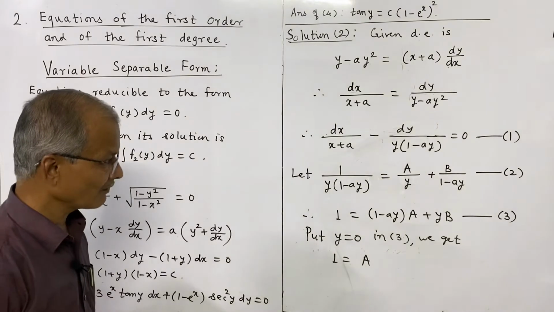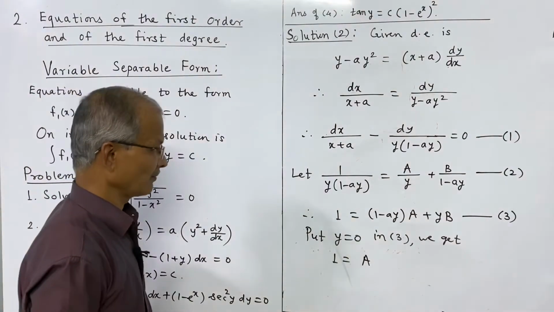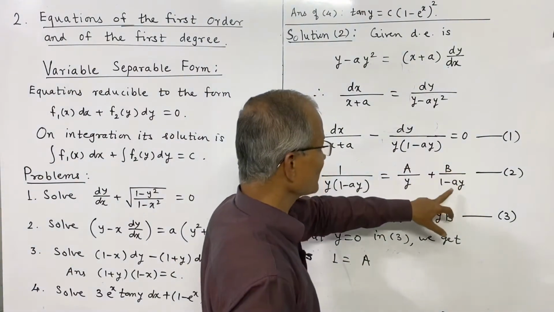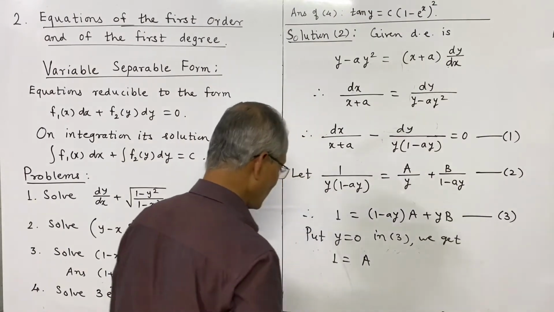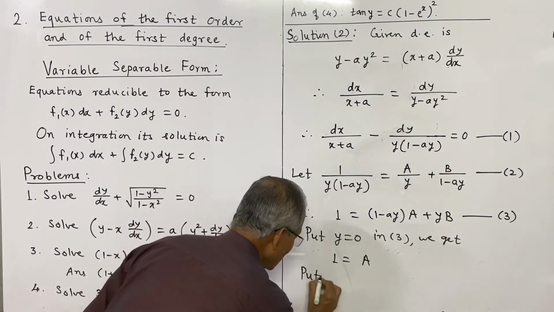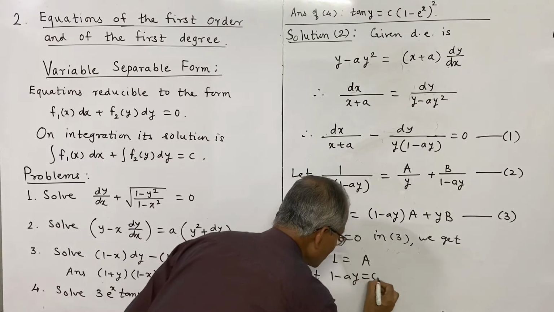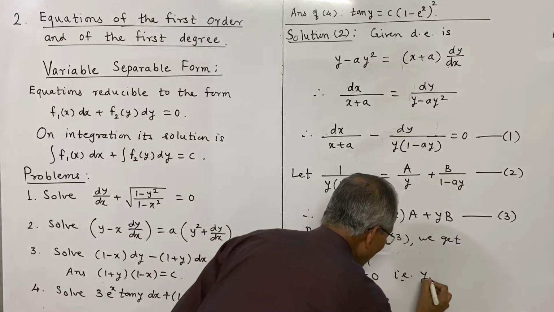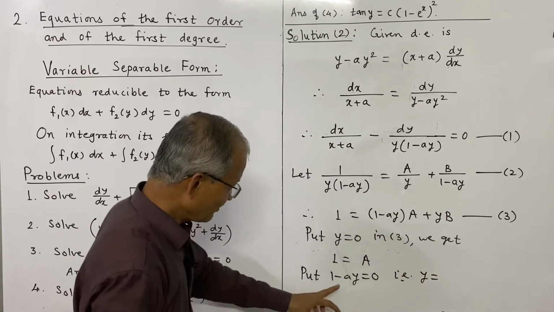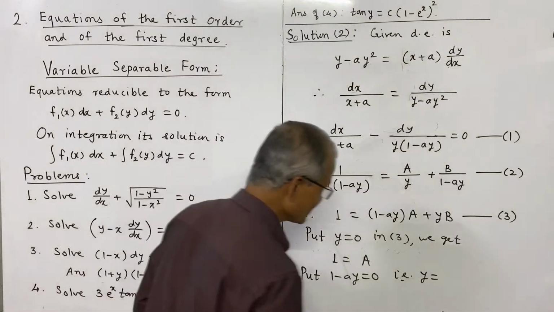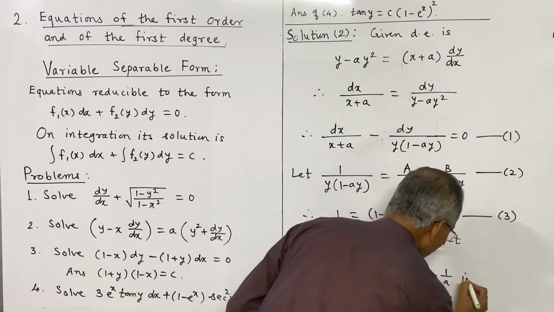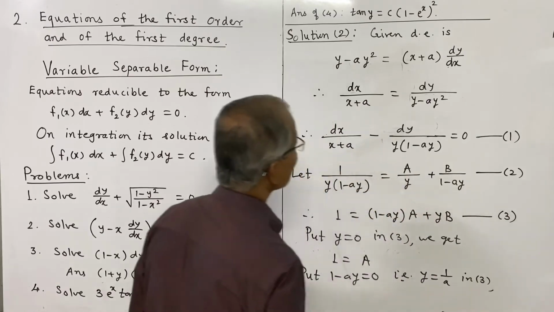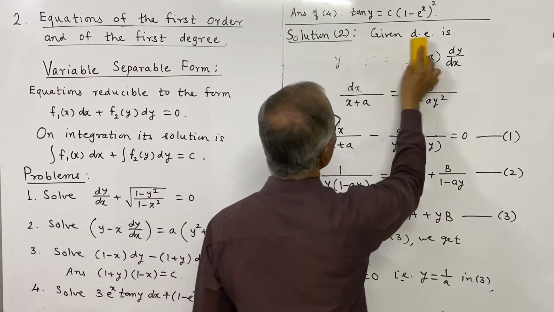We get the value of the first constant a. Now to get the value of b, we put 1 minus ay equal to 0. Put further 1 minus ay is equal to 0. What is the value of y from this? ay is equal to 1, and therefore y is 1 upon a in 3. So what that gives, you see.